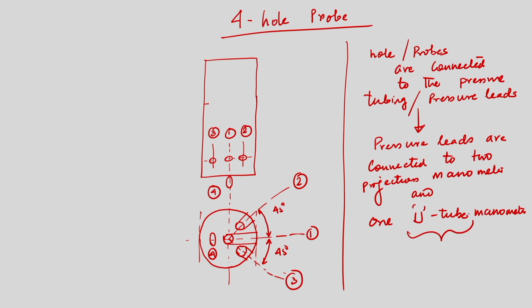Probes 2 and 3, these 2 probes, are connected to a U-tube yaw balancing manometer, to be precise.